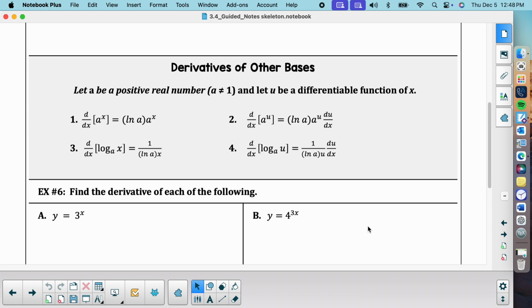You're gonna take your problem, which is gonna have information in place of a, information in place of u, and then plug them into the formula. And that's what tomorrow is as well. So these are generally what you look forward to on tests because they are very easy and straightforward. And when I say easy, I don't mean the information will be easy, I mean the setup of the problem.